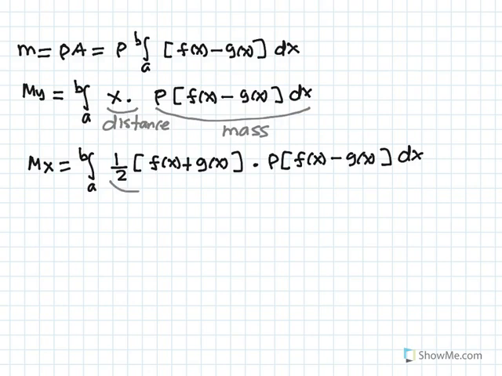So let's label it. This part here is the average distance of this rectangular element to the x-axis, and this part is the mass. Mass times distance gives us the moment, and the integral sums it all up.